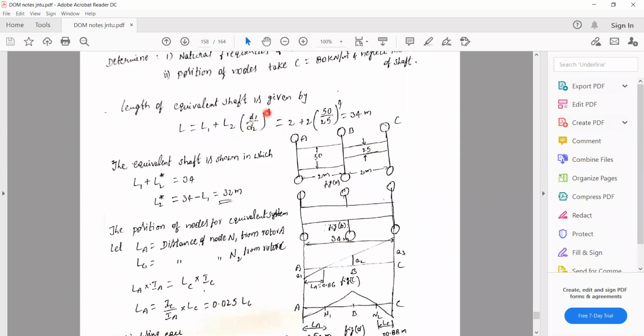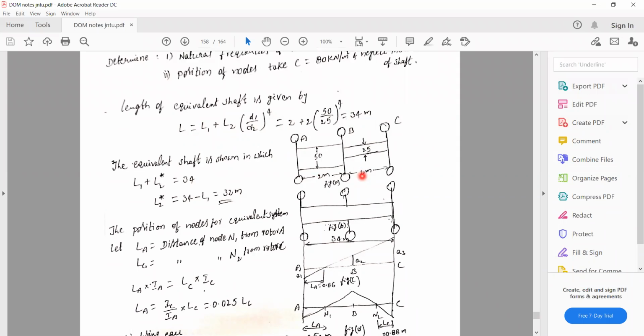When we calculate, the value arrives at 34 meters. So 4 meters of length is equivalent to 34 meters of the uniform diameter shaft.